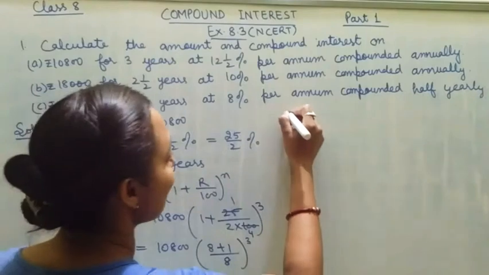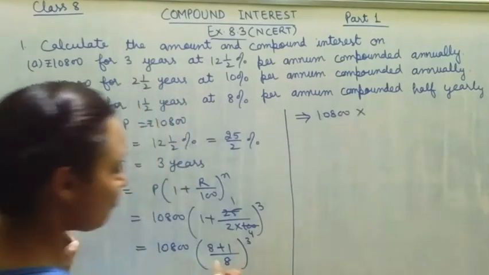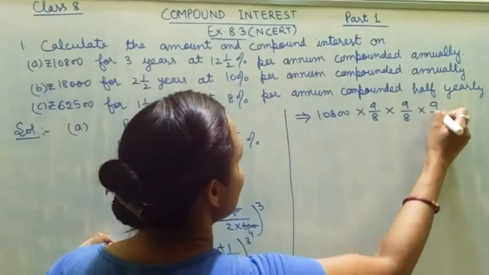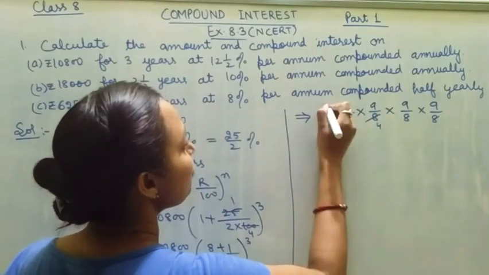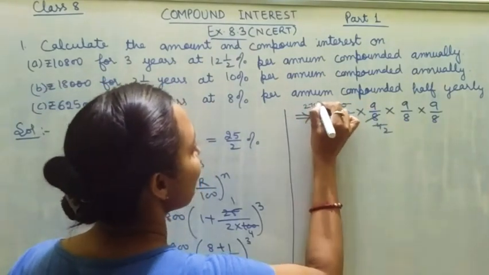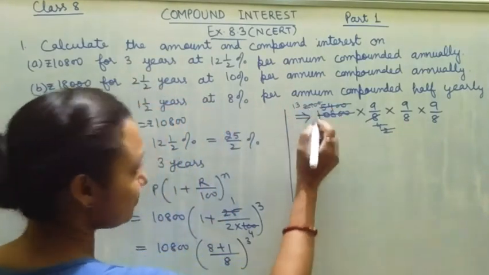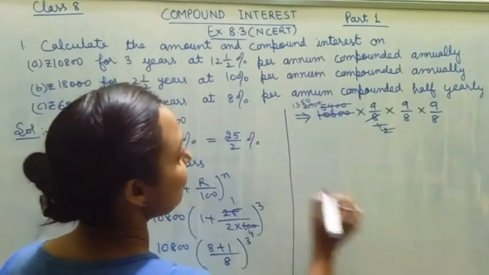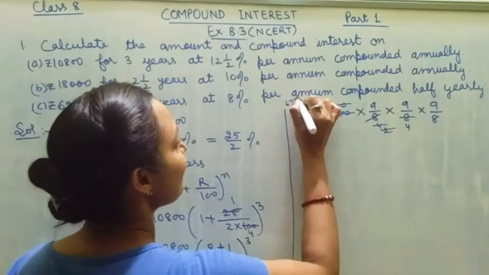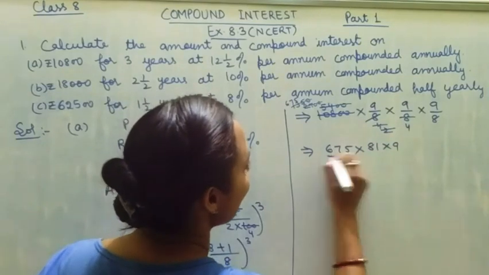So this will equal 10800 into 9 by 8 three times, that is 9 by 8 into 9 by 8 into 9 by 8. I will cancel: 2 fours are, 2 fives are, 2 fours are, right? That gives 2700, and then further cancelling, we get 675 into 9 nines are 81 into 9 upon 32.